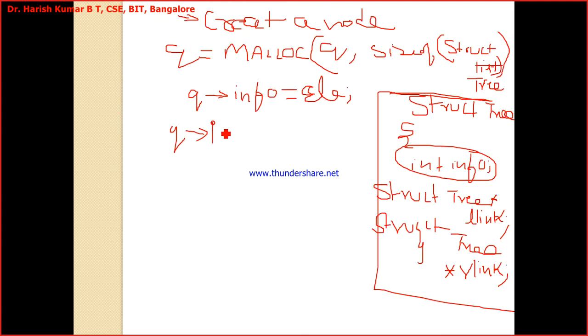Q arrow l link is equal to null, and similarly q arrow r link is equal to null.